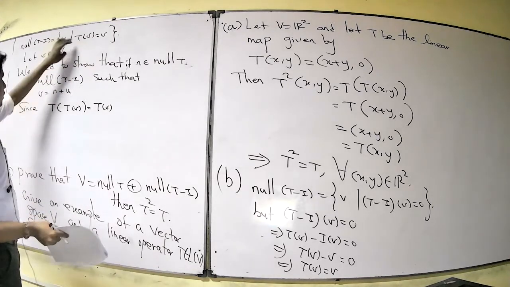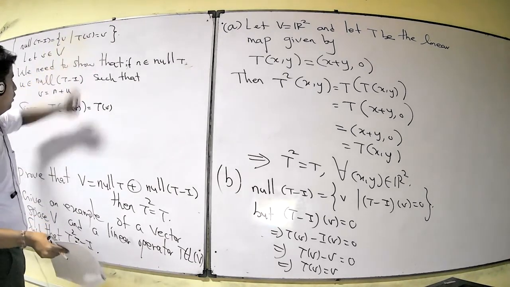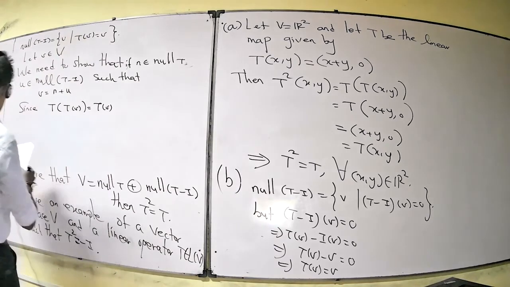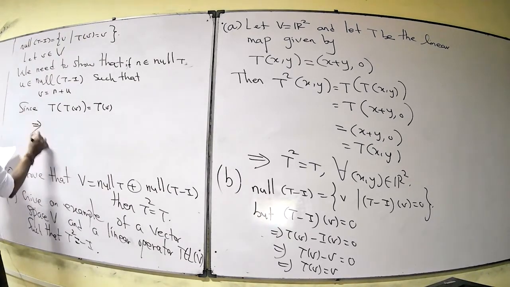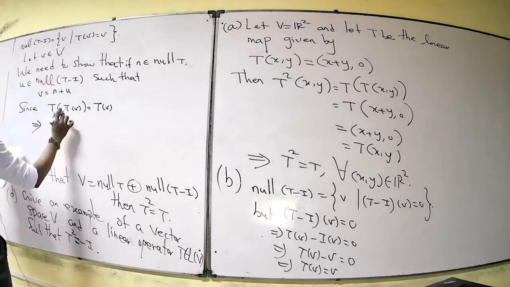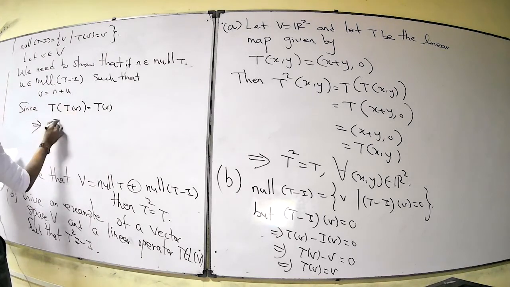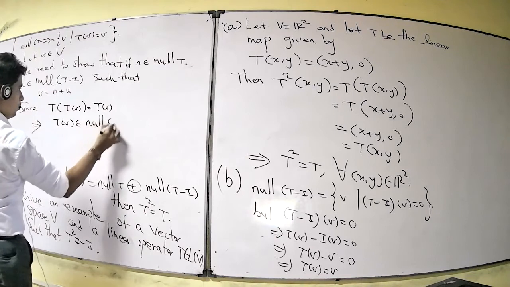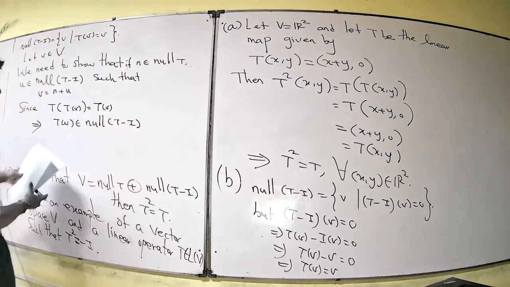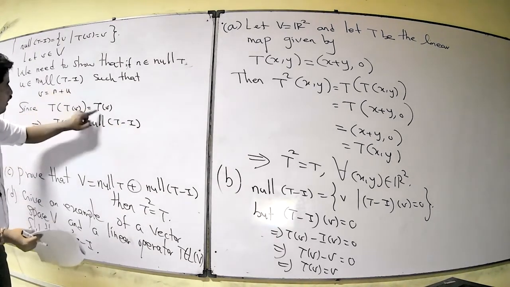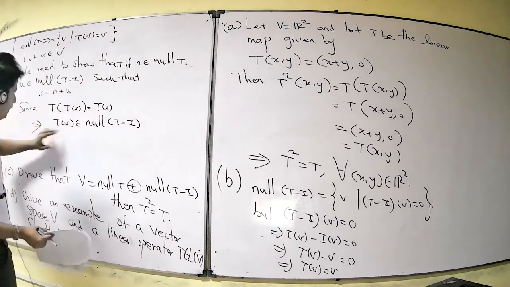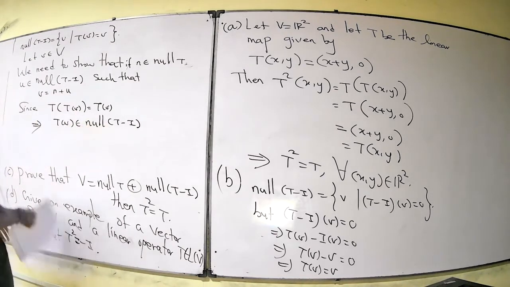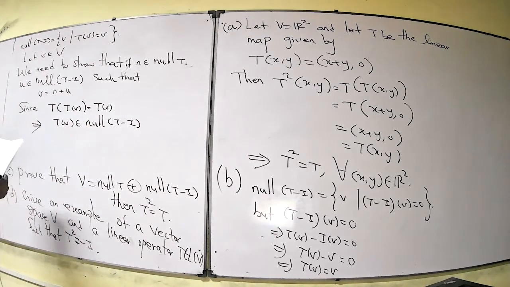Suppose you take T of b, again T of b equals b. Therefore, suppose this condition is satisfied, then this T of b belongs to null of T minus I. Because this condition is satisfied, T of something, again that something, therefore this T of b belongs to null of T minus I.